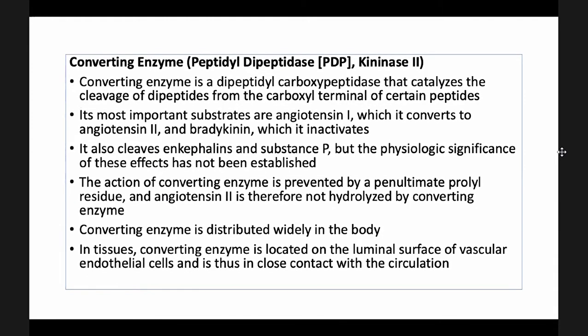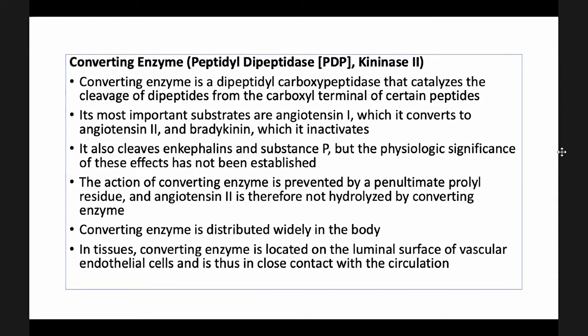So the converting enzyme is a dipeptidyl carboxypeptidase that catalyzes the cleavage of dipeptides from the carboxyl terminal of certain peptides. Its most important substrates are angiotensin I, which it converts to angiotensin II, and bradykinin, which it converts to an inactive form.